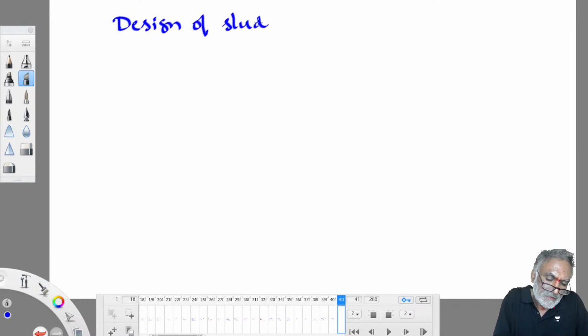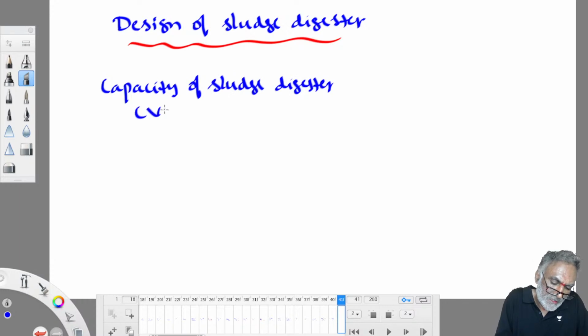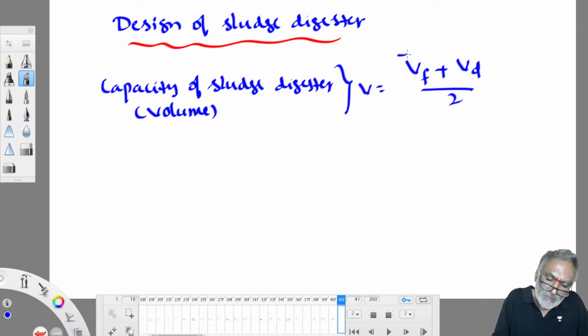Sludge digester is designed based on a formula. The capacity, nothing but volume of sludge digester, is equal to (Vf plus Vd) by 2 into T.